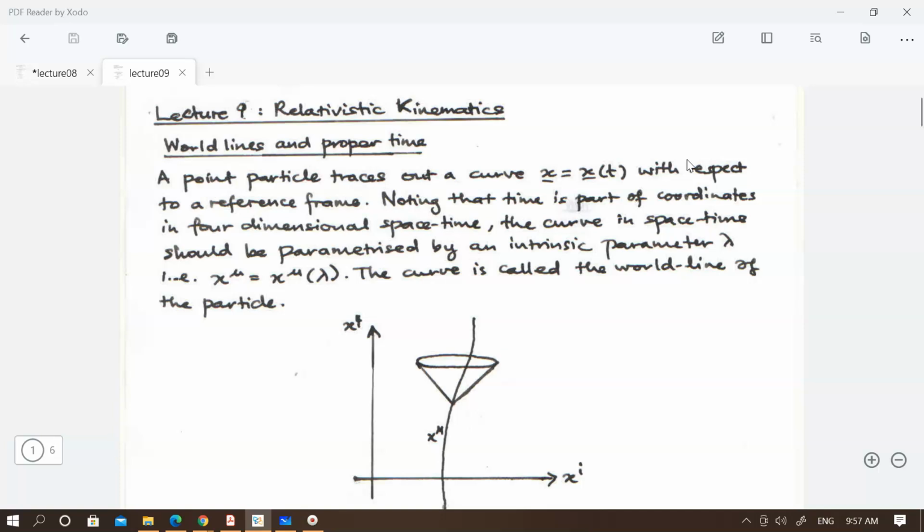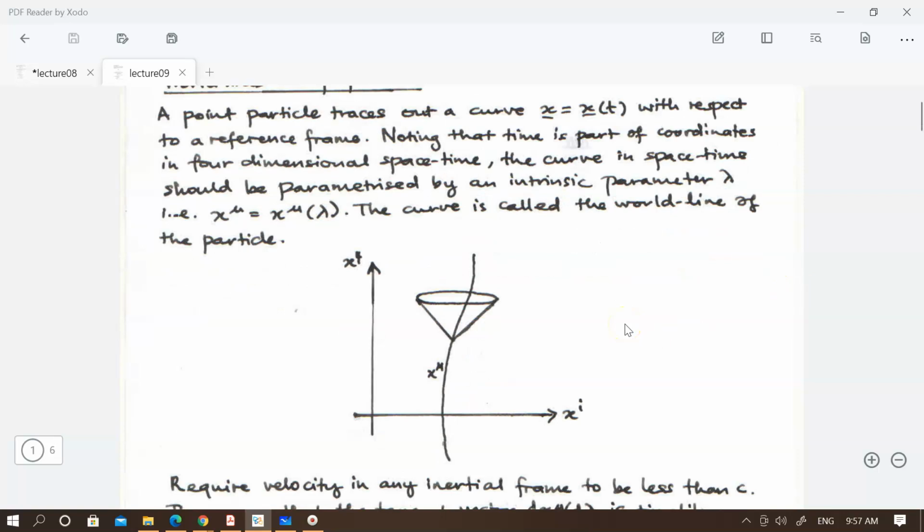So generally, when you have a certain kind of motion by a point particle, you will trace out a curve. This is essentially a curve in space-time over here.